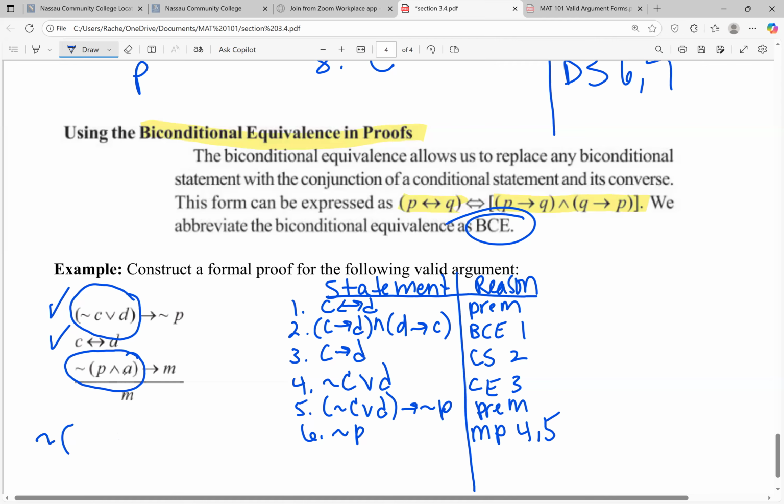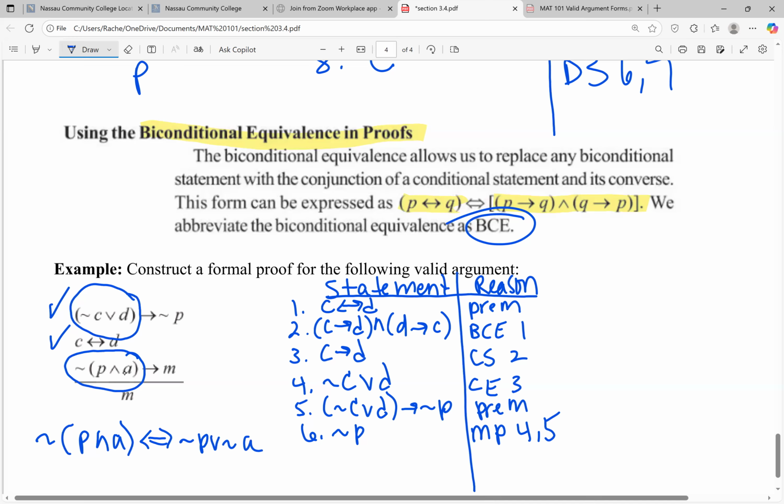So not P and A is equivalent to not P or not A. So if I could somehow show that not P or not A is true, and that's equivalent to not P and A, then I could use that third premise, right?